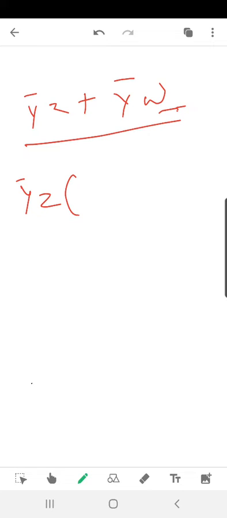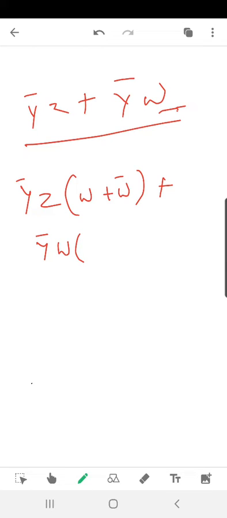If w is missing, we know that in SOP form we write w plus w bar in its place, because w plus w bar is always 1, and if we multiply y bar z with 1 we will get y bar z. So we will write (w plus w bar) y bar z, then plus y bar w.